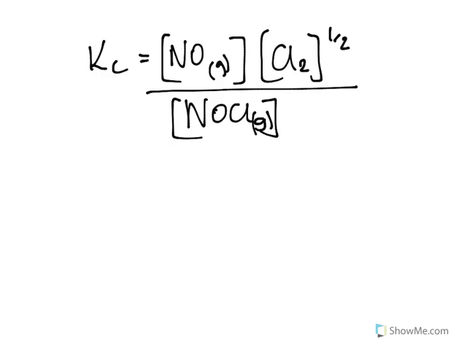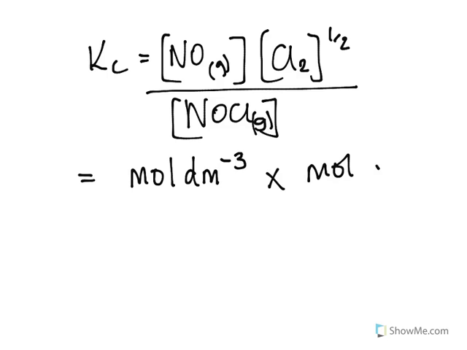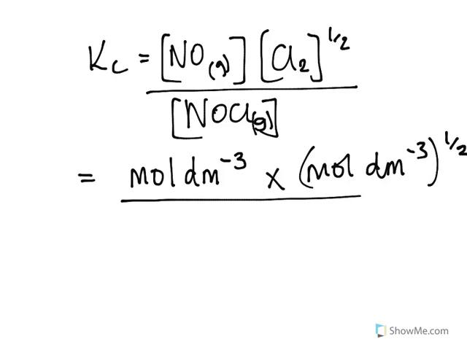So working out the units, we just put the units into the equation and then do algebra on them. The concentration of NO is given in moles per dm cubed, and the concentration of chlorine is also moles per dm cubed, but this is all raised to the power of half, and we're dividing that by the units of concentration of NaCl, which is moles per dm cubed.